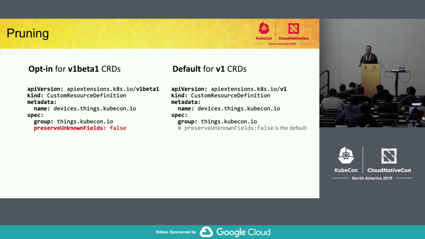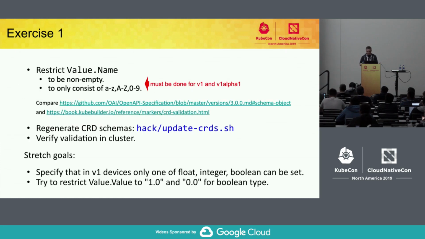If you embed some JSON construct from another API, for example, there is a way to say that. So you can opt out of pruning, but it's not suggested. Just do it where it's really necessary. In the normal case, just depend on pruning. All right, so that's it about OpenAPI. We have the first exercise here.